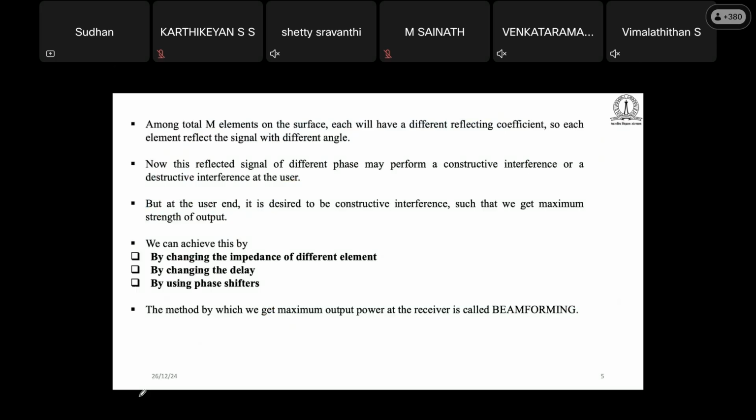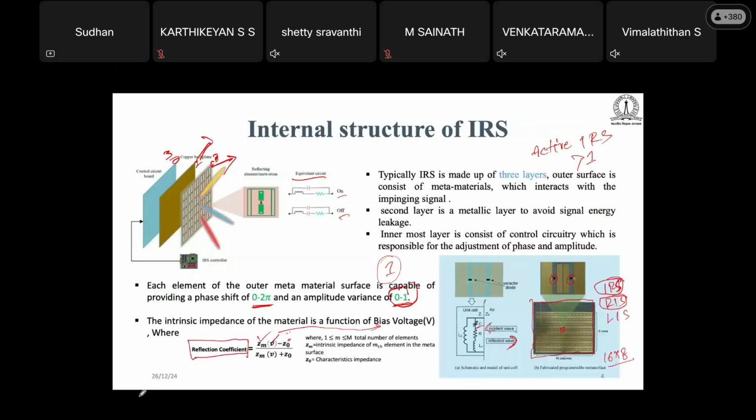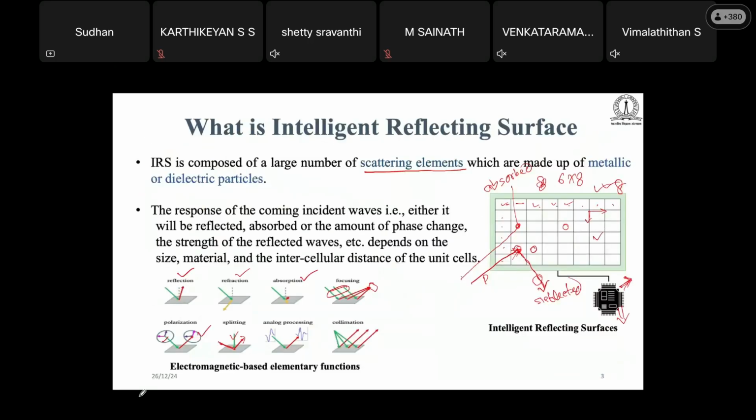So as I said, among the total M elements, each will have different reflecting coefficients. I'm talking about these elements.